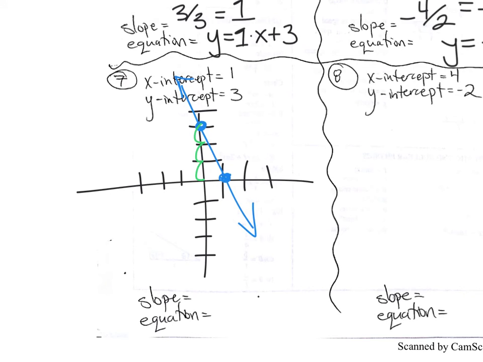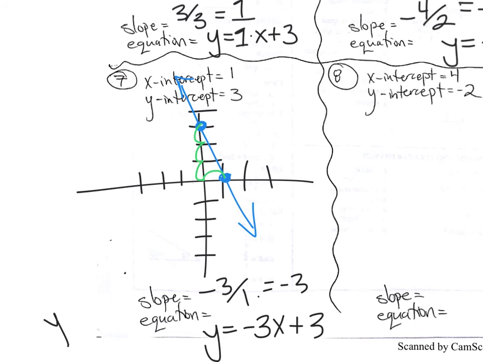We went down 3 and right 1, and we could write that as just -3 if we wanted to. For our equation, we would say y equals slope times x plus y-intercept, and you could write it using -3 as your slope, which would be fantastic.